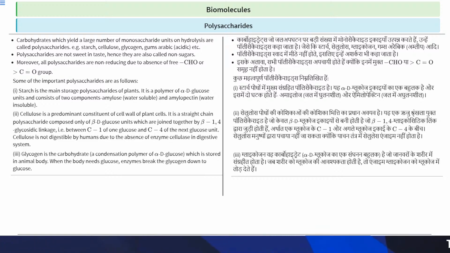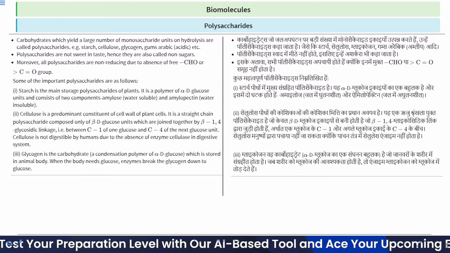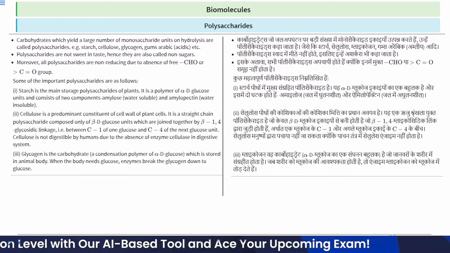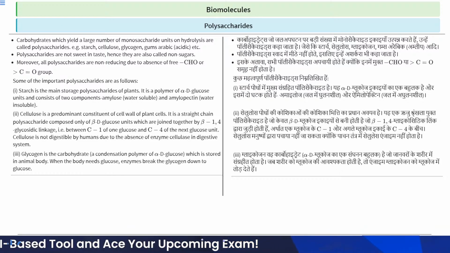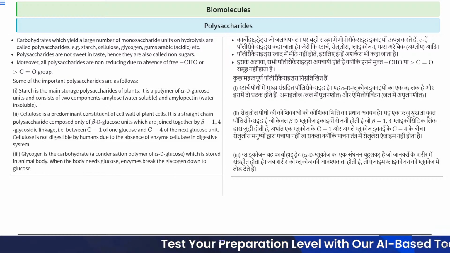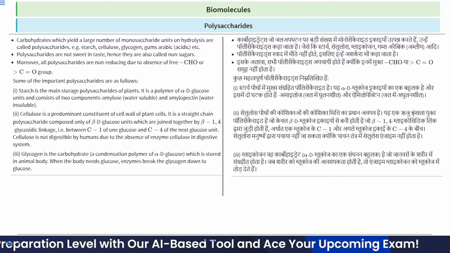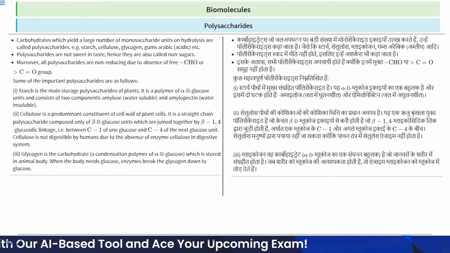When the body needs glucose, enzymes break the glycogen down to glucose and supply it to the body. So these are three important polysaccharides: starch, cellulose, and glycogen.